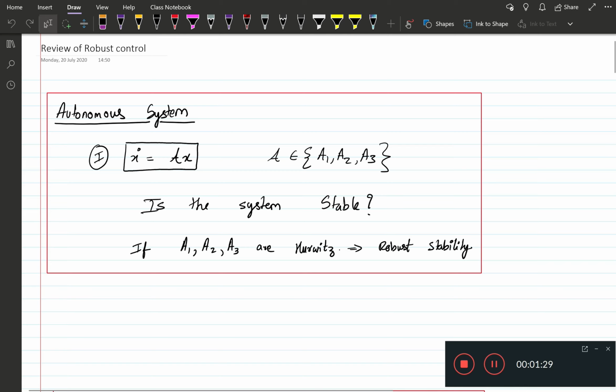This is easy when we have a discrete set, such as a collection of matrices. Now an alternative problem would be when this set is continuous. So let's look at that.